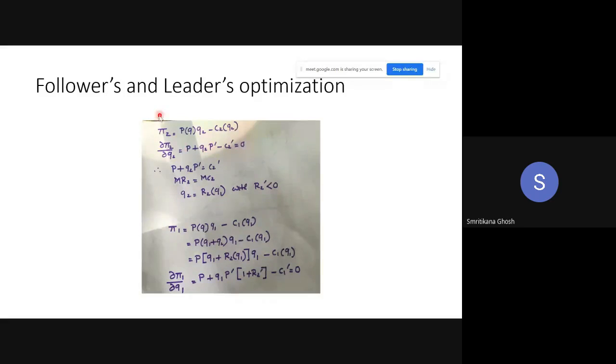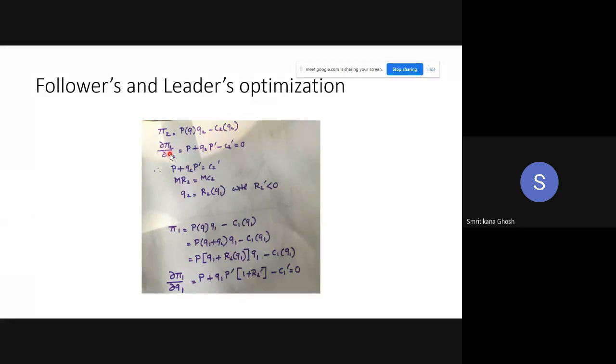So pi 2, sorry, this is the follower situation. I'm very sorry. This is the follower situation, and the follower knows his decision is not influencing the leader's decision. So CV of the follower is 0. So this is pi2 = p × q2 − c2(q2). Look, here I am replacing that constant cost situation; here the cost is variable.